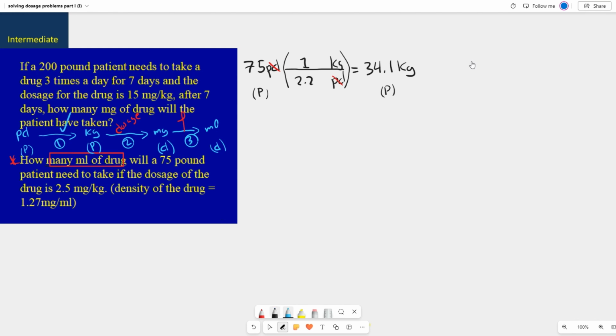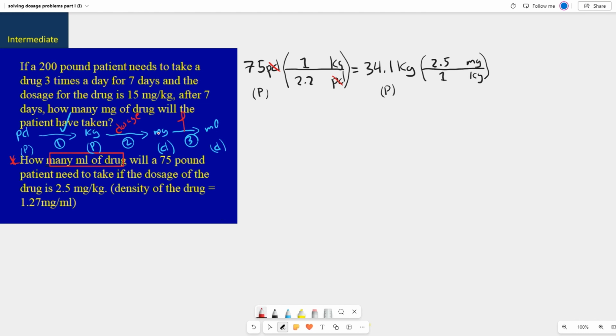Now in the second step, we need to use the dosage to convert from mass of person in kilograms to mass of drug in milligrams. So again, we'll put kilograms on the bottom so it cancels out, milligrams on the top. And the dosage is 2.5 milligrams for every 1 kilogram.